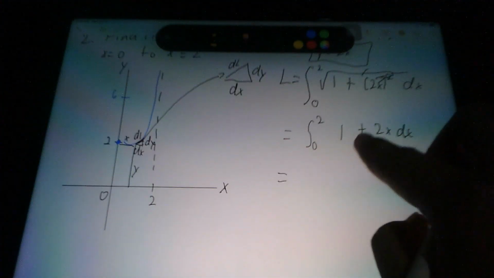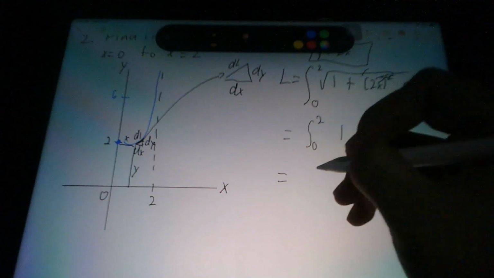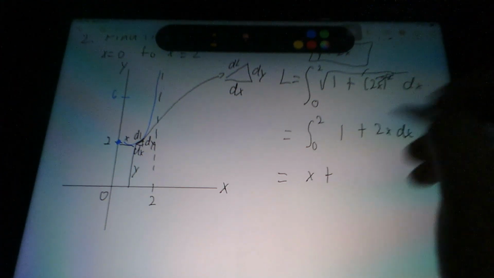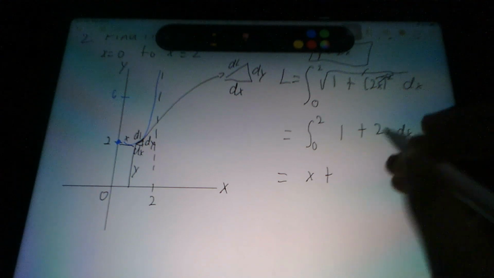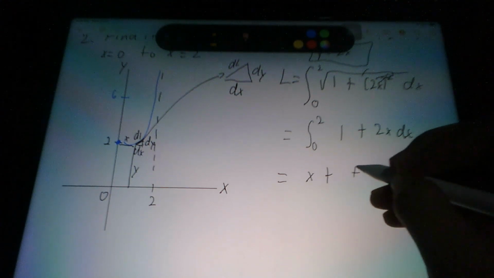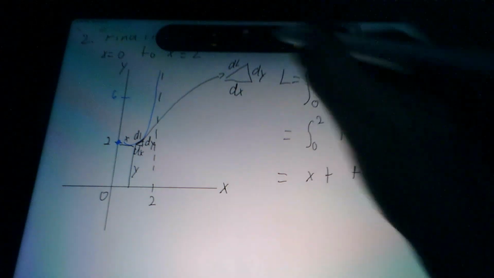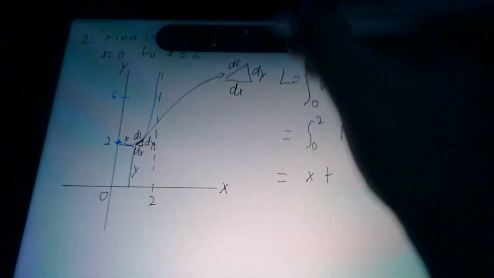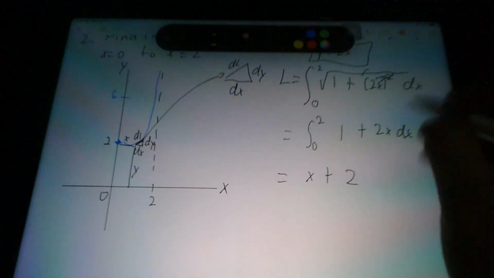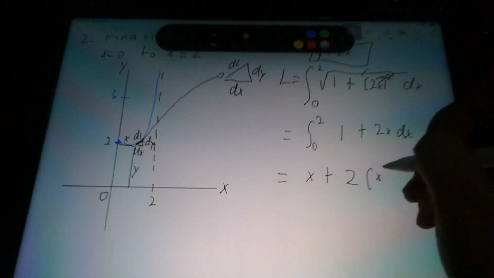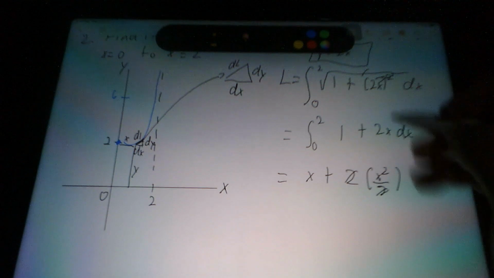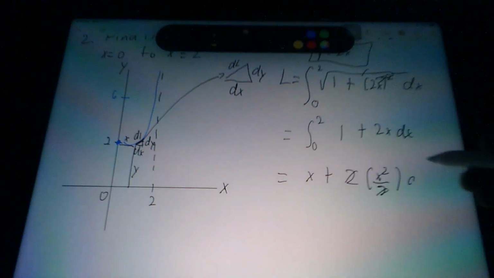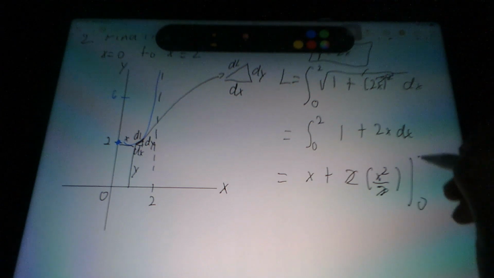So the integral of 1 is just x, plus the integral of 2x is just 2 times x squared over 2. The 2 and 2 here cancel each other out, bounded by the limits 0 to 2.